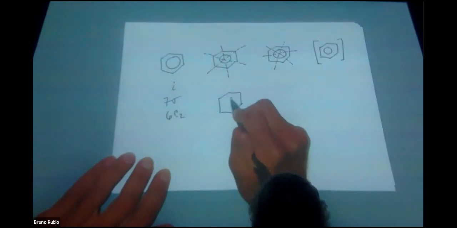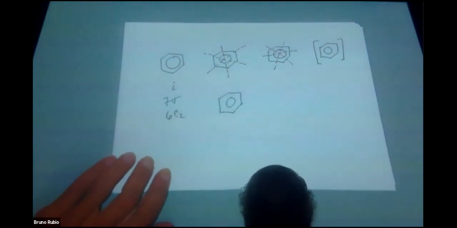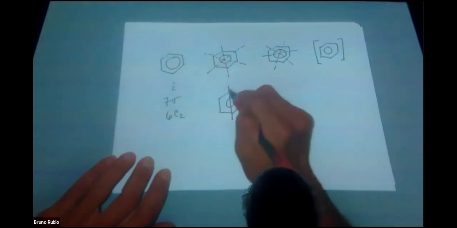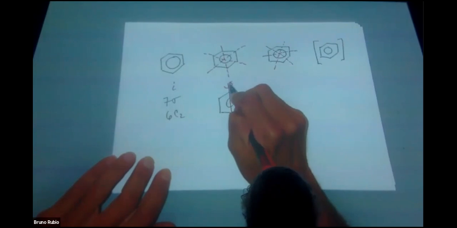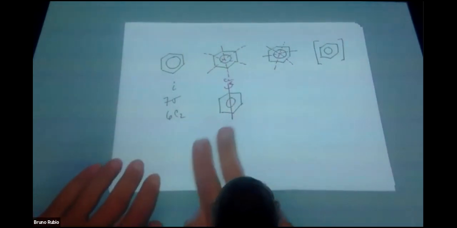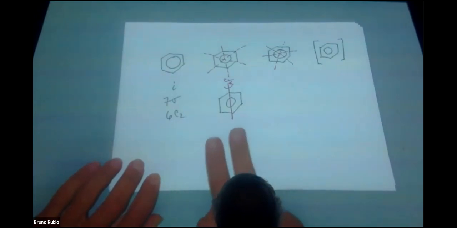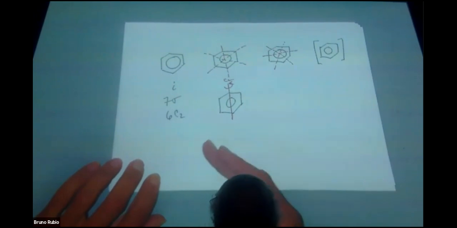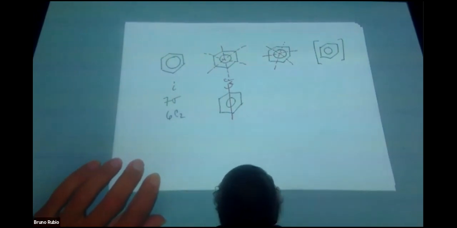All right, so again, let's find them. This C2 axis here, that's easy to spot, right? This rotation of C2 of 180 degrees brings the left to the right, the right to the left. It also brings the top to the bottom.